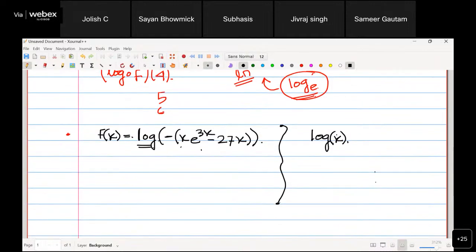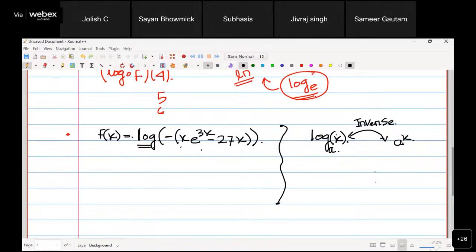Suppose you have log x base c. By definition, this is the inverse of the function a power x, correct or not?